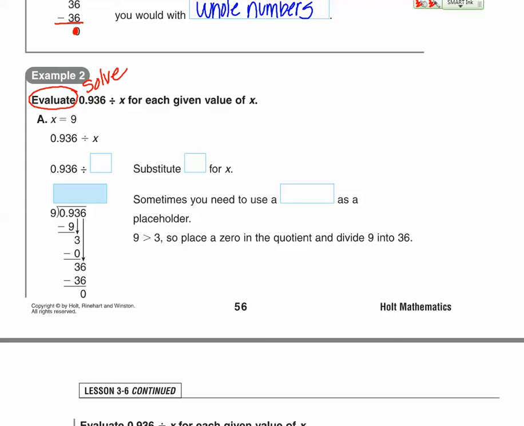So here we are evaluating 936 thousandths divided by x. And you're going to be given different values for x to plug in. For example, our first one here, x is 9. So remember, Panthers, the first number is the dividend. And the second value, which we just said is 9, is the divisor.